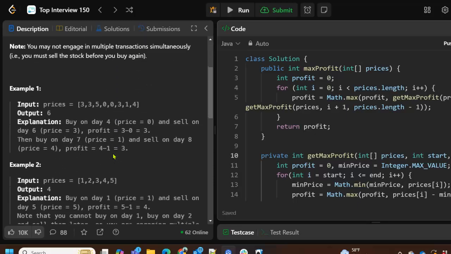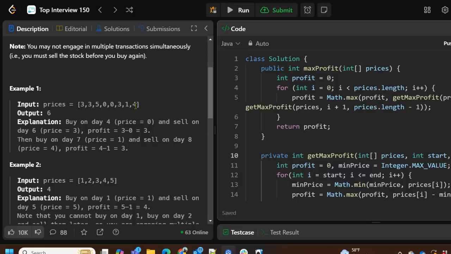Example. Here is a list of prices. What is the maximum profit you could make from that? Well, you could buy on day 4 at 0, and you could sell on day 8 at 4. No. Is that right?